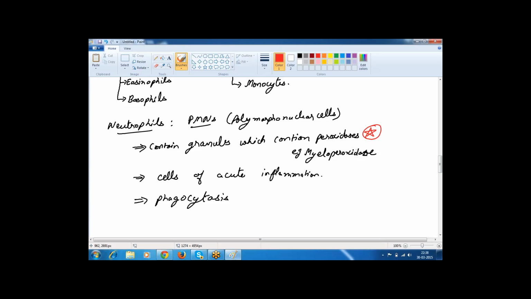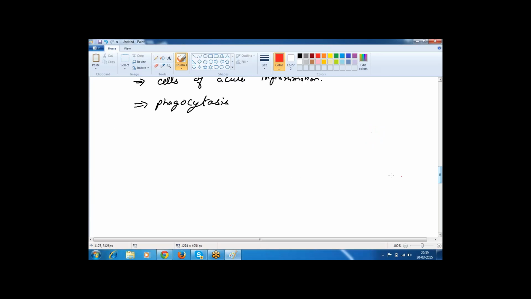Then coming to eosinophils. Eosinophils have a bilobed nucleus, and these take part in allergic reactions and parasitic infections.